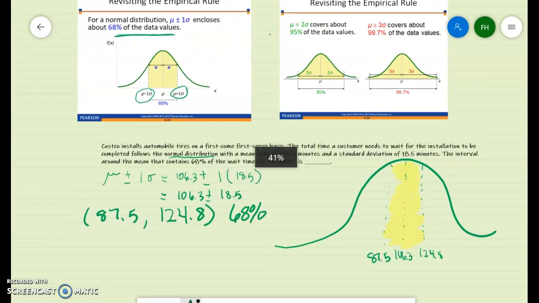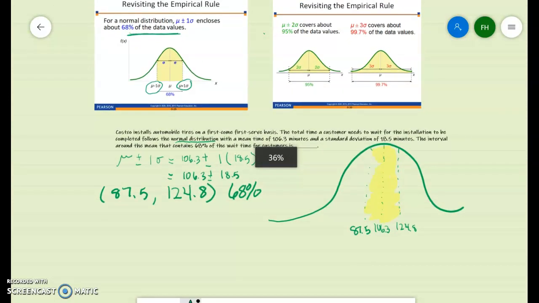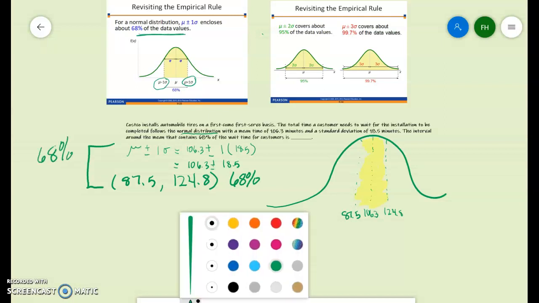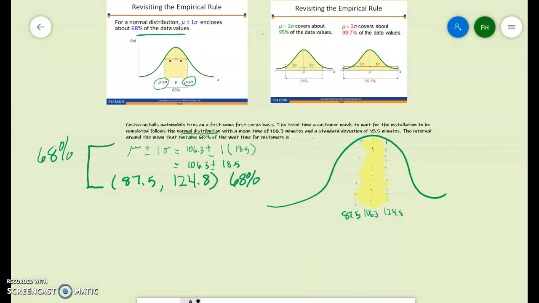But we're going to take this a step further, and we're going to calculate the interval for 95%. So we just did the interval for the 68%, and we'll change colors here, and we'll do the 95%. For 95% of our data, it is going to be 2 standard deviations from the mean.